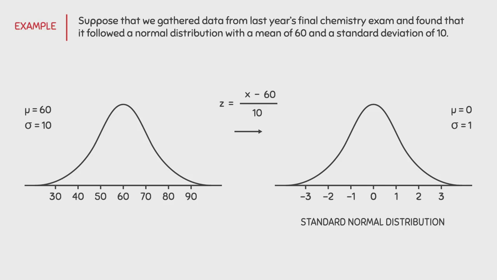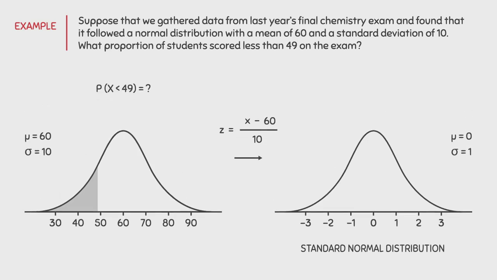Now, if I asked you what proportion of students scored less than 49 on the exam, it is this area that we are interested in. However, the proportion of x less than 49 is unknown until we use the standardization formula. After plugging in 49 into this formula, we end up with a value of -1.1. As a result, we will be looking for the proportion of z less than -1.1.